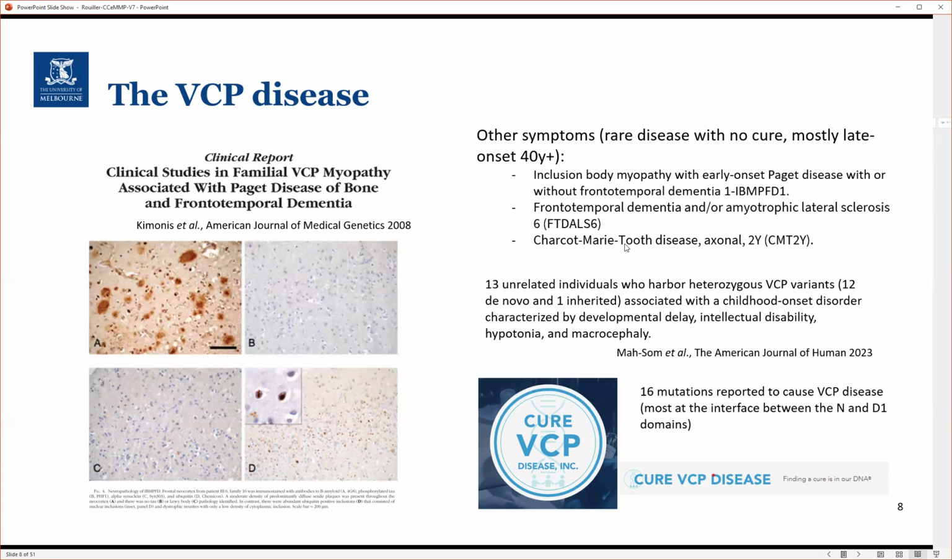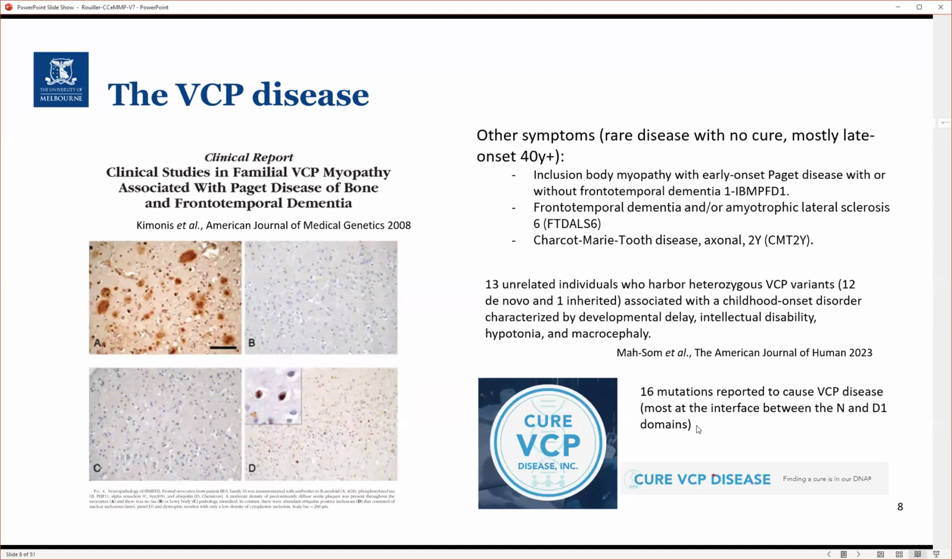However, very recently there was a report from Parkville where they found 13 young patients that also seemed to have mutations in their VCP protein and were developing a neurological disorder.